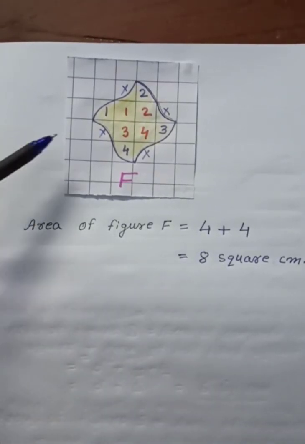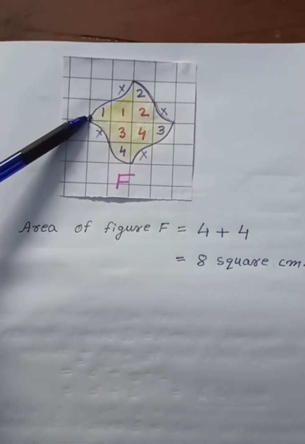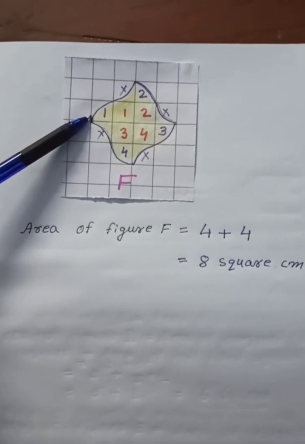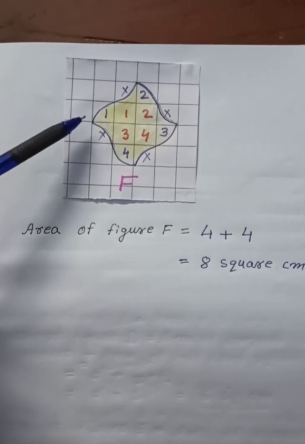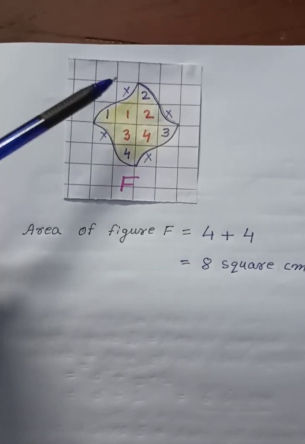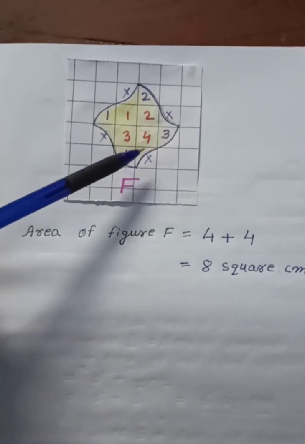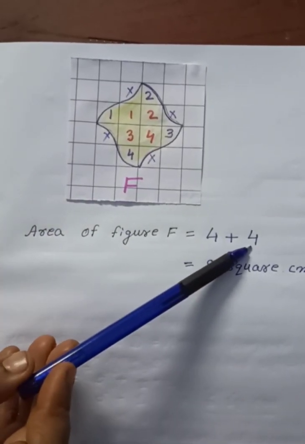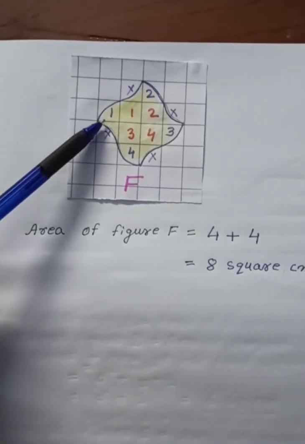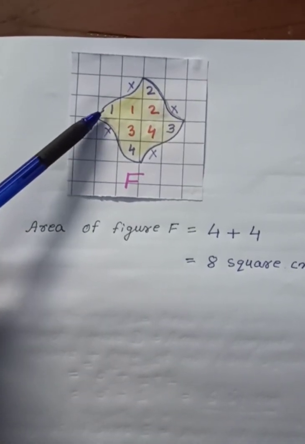Okay. Then after what we see, children? We see more than half filled square. So how many more than half filled square? Look at here. Here is 1, 2, 3 and 4. So I have written more than half filled square is 4, because we will consider as a complete square.